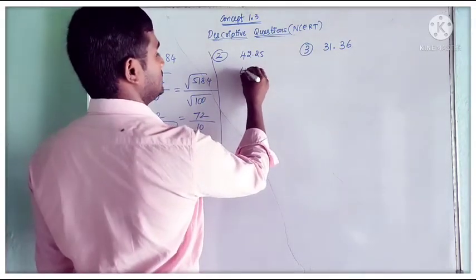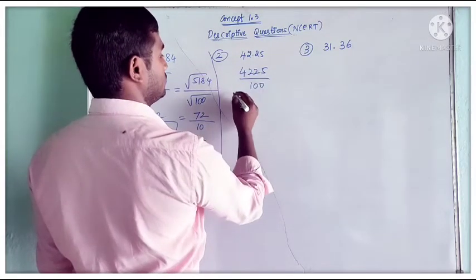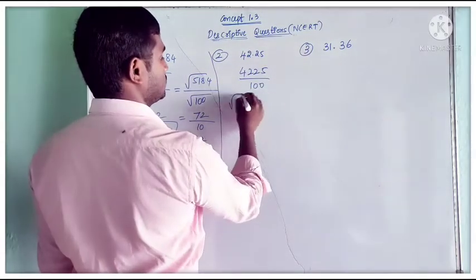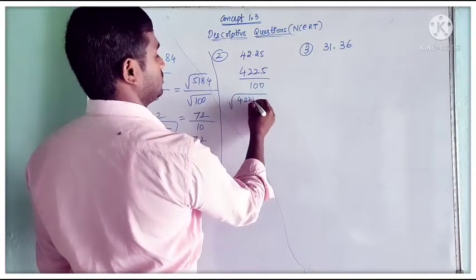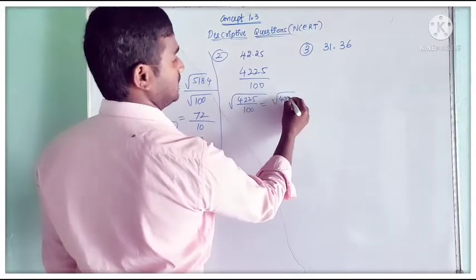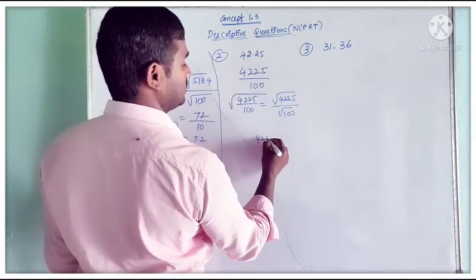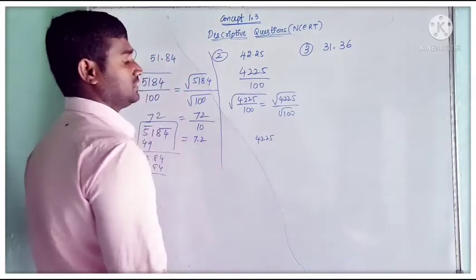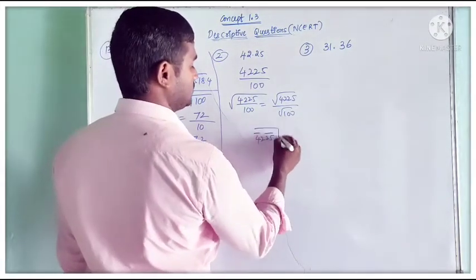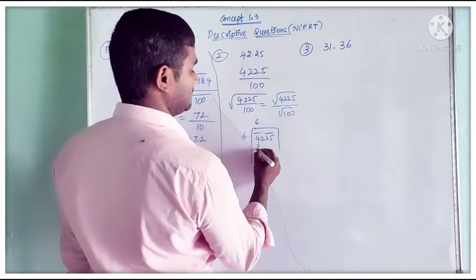Similarly, in the same manner, we can write this as 4225 by 100. So we need to find the square root. Yes, so the square root of 4225 by 100 we can write as the square root of 4225 by the square root of 100. So for the square root of 4225, use the long division method. The nearest square is 6. 6 sixes are 36.